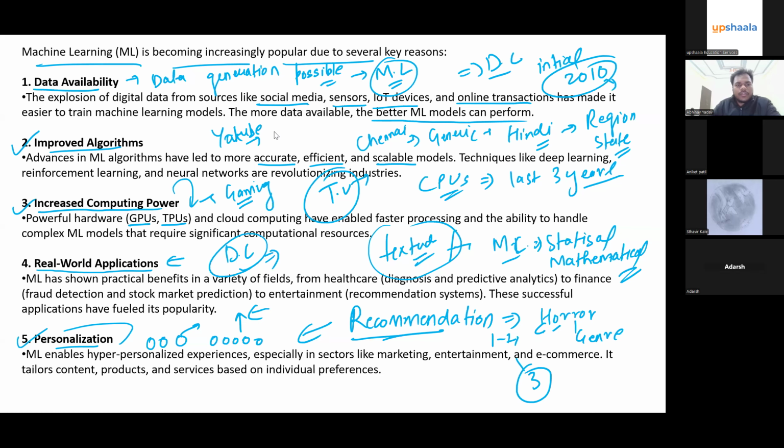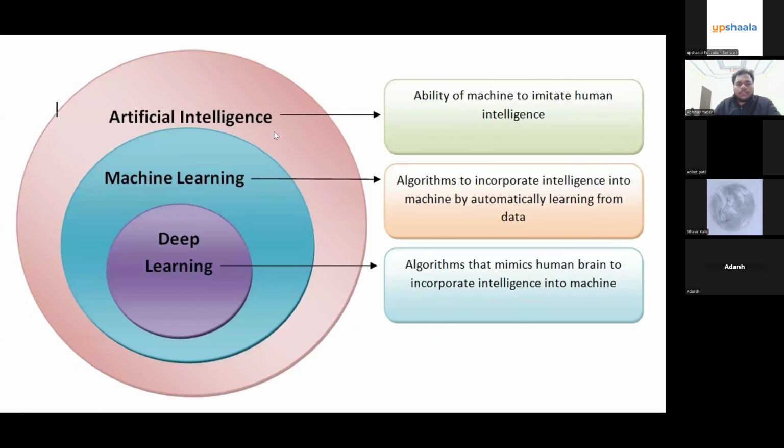So shall we move to the next part? This is what we have seen in the last class also: your AI, machine learning, and deep learning. Inside the deep learning is your generative AI.